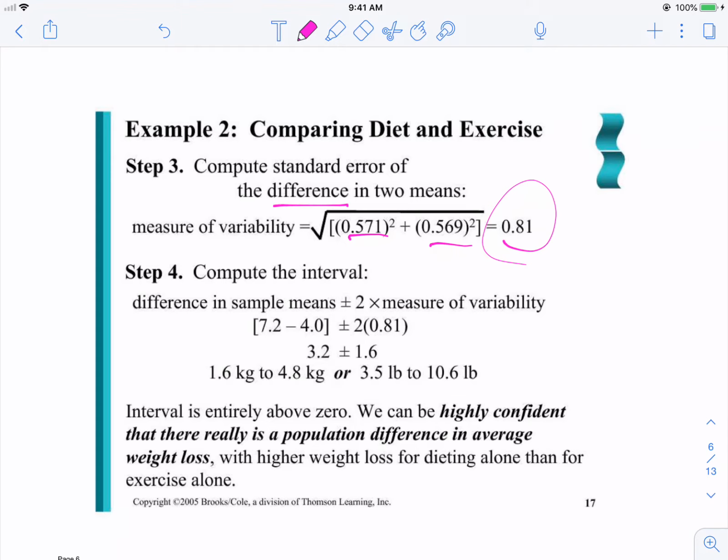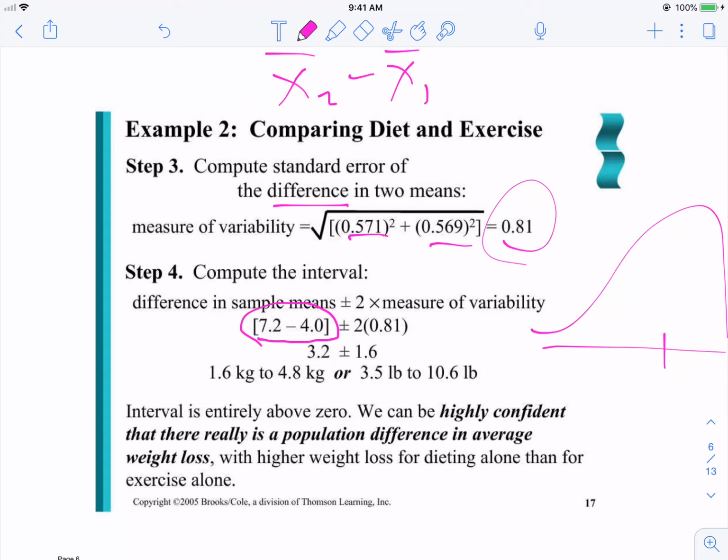So rather than a single value at the center of the curve, we now have at the center of the curve the difference in those two sample means. So the center of that curve is going to be x bar 2 minus x bar 1. It really doesn't matter which one is which.